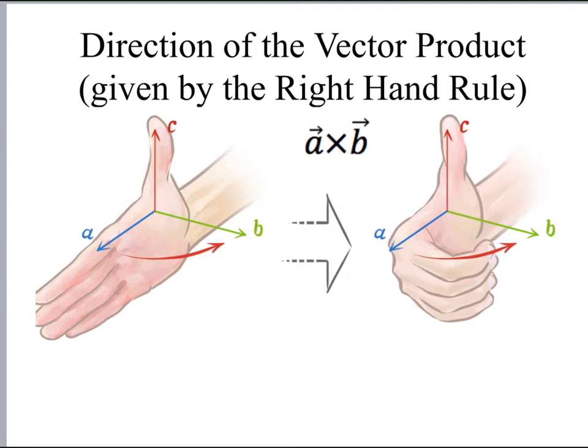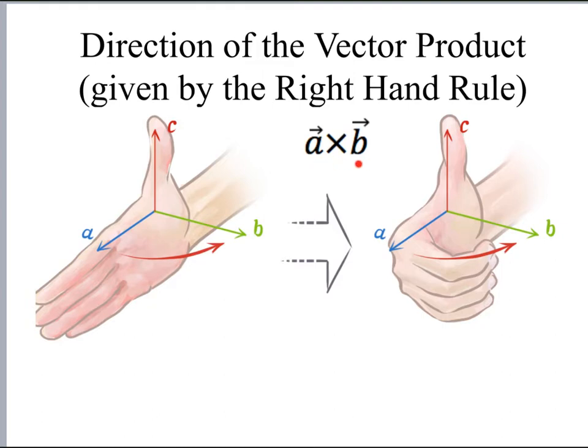You line your fingers up so that your fingers point along the arrowhead of the first vector. If I want to form the vector product of A crossed into B, and that's how you read it, the symbol here is called a cross, and that's why the vector product is also sometimes called the cross product, just FYI. So if you hear me say cross product, it's just another word for vector product.